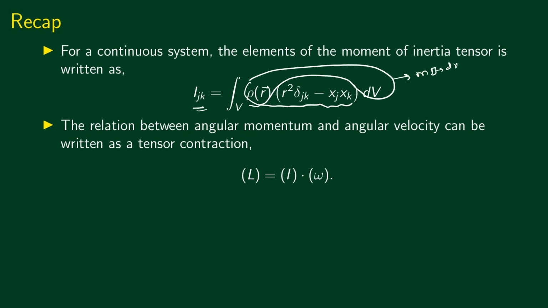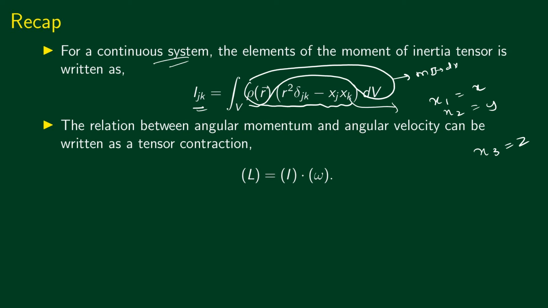Delta jk is again the Kronecker delta. Xj and xk are components of the position vector itself. This is the notation that we are using: x1 stands for x, x2 stands for y, and x3 stands for z. And instead of a summation before, now we have an integration because we are talking about a continuous system.